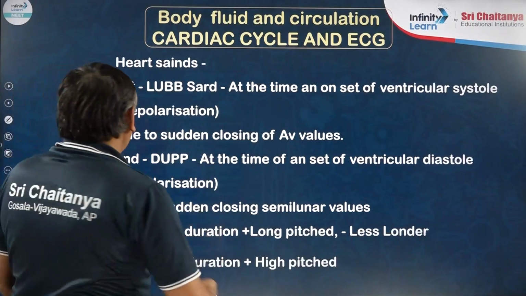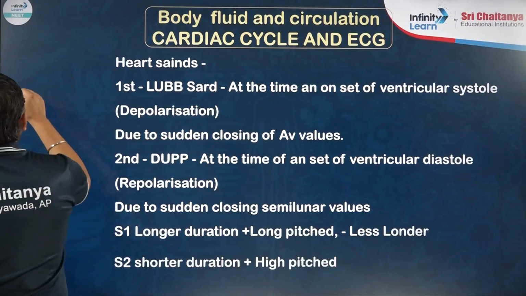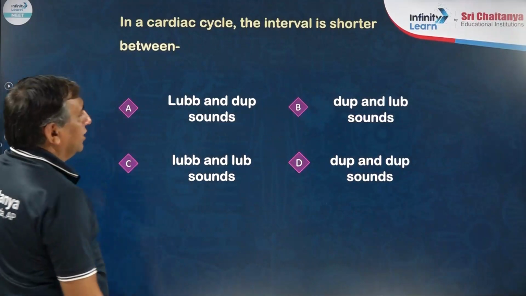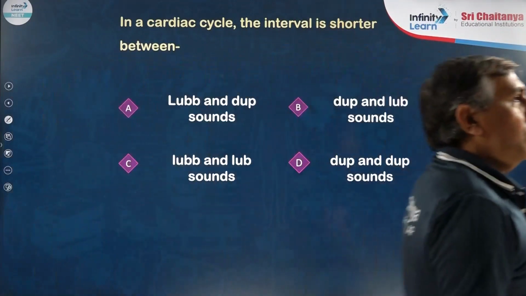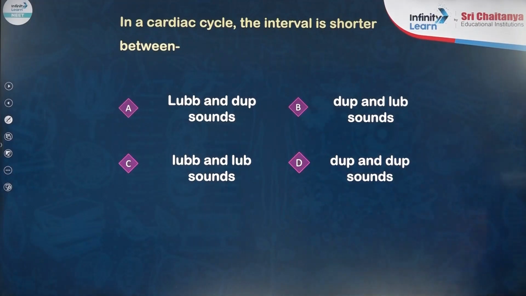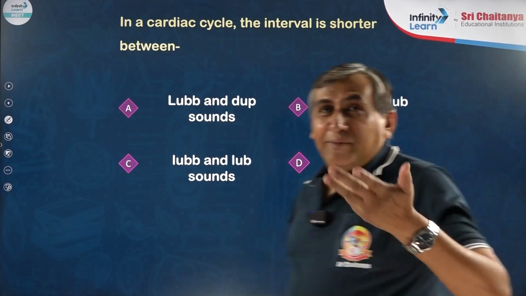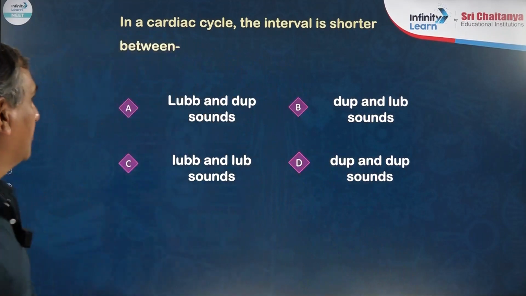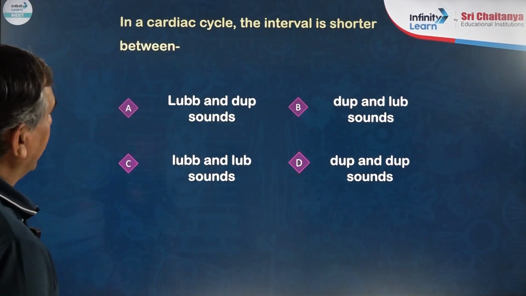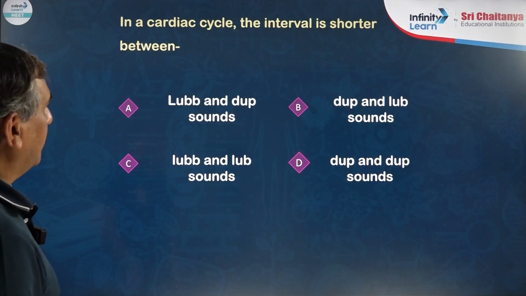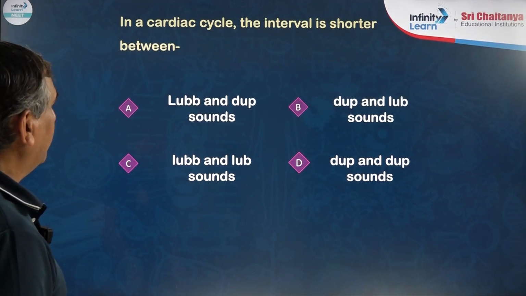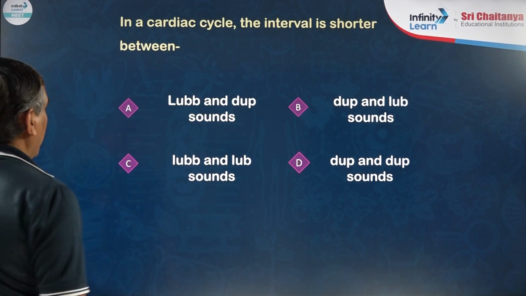So the movement of the heart valves produces the first heart sound and the second heart sound. We have discussed a lot of theory. I will come to the questions because ultimately we have to fight with the questions. So now, in a cardiac cycle, which interval is shorter: between lub-dub, or dub-lub?